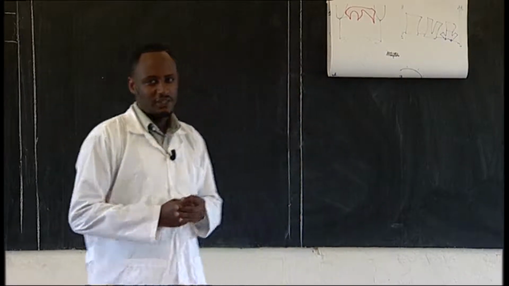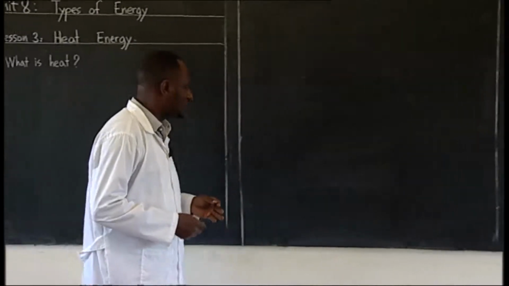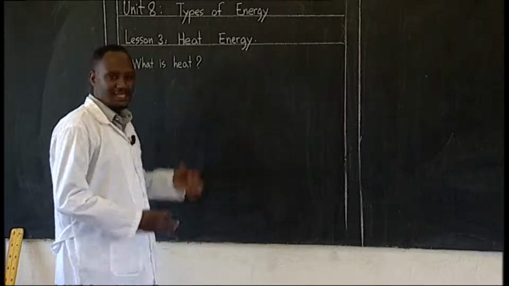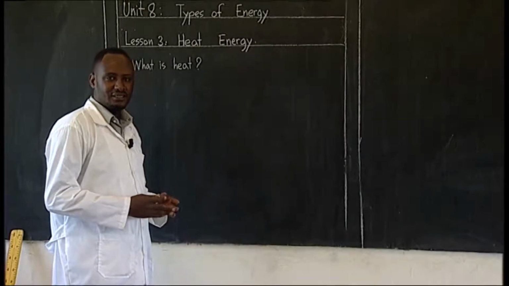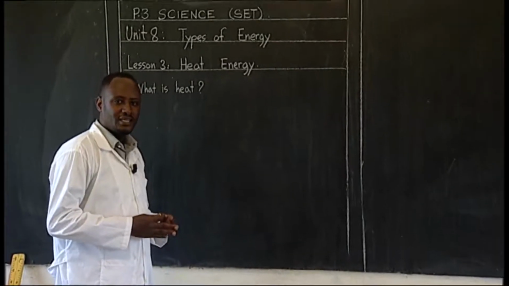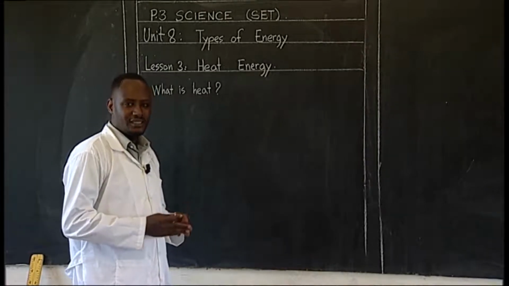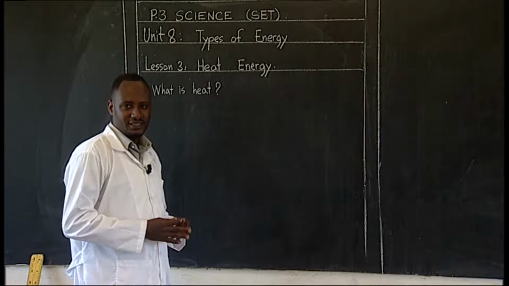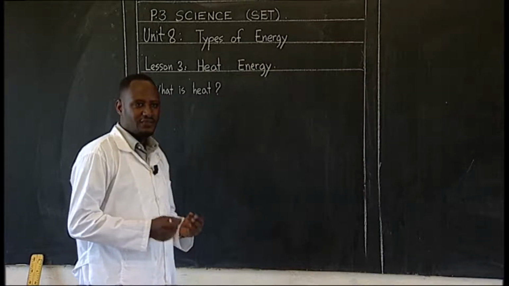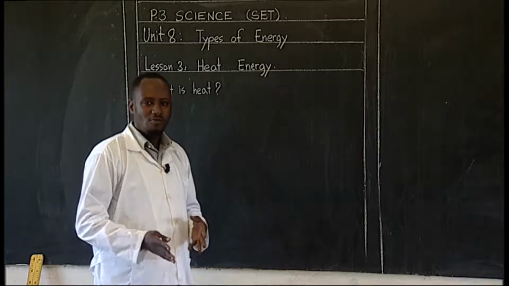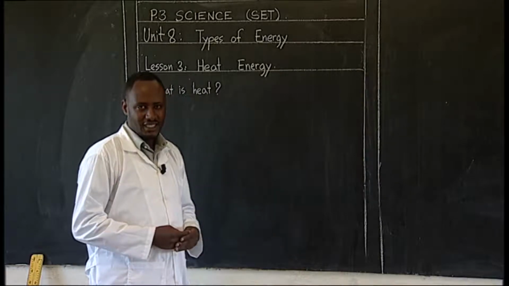By definition, heat simply means the form of energy that changes the temperature of an object. What does that mean? The form of energy that makes an object become warm or hot.